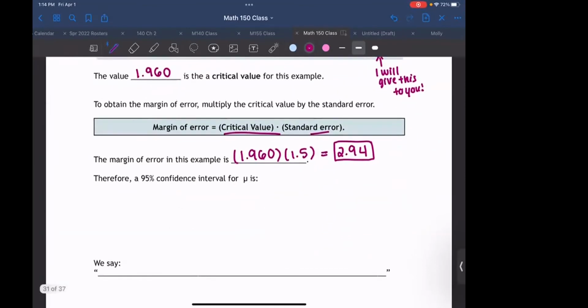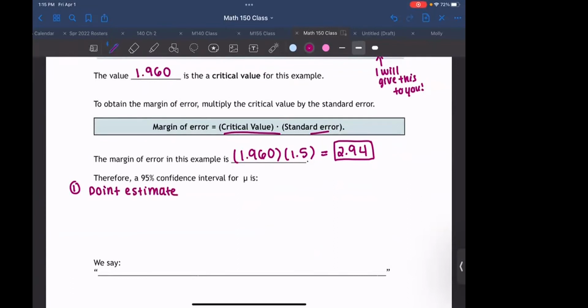If I want to create a 95% confidence interval for the population mean, I can write this one of two ways, and we've already kind of seen this. The first way I'm going to write this is, I'm going to take the point estimate, just like we did before. Point estimate.